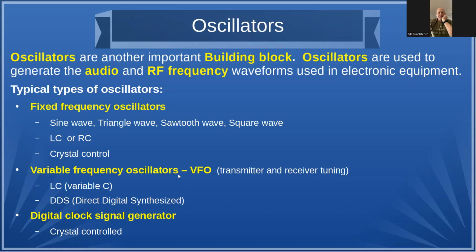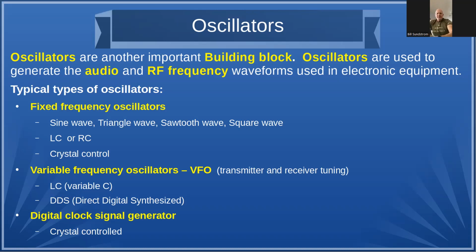We have variable frequency oscillators. A lot of times we refer to it as a VFO when it's in a receiver or transmitter, which means we can tune, we can change the frequency. In the old days, that was done normally with a variable capacitor that had plates where one set would rotate and mesh with the other.